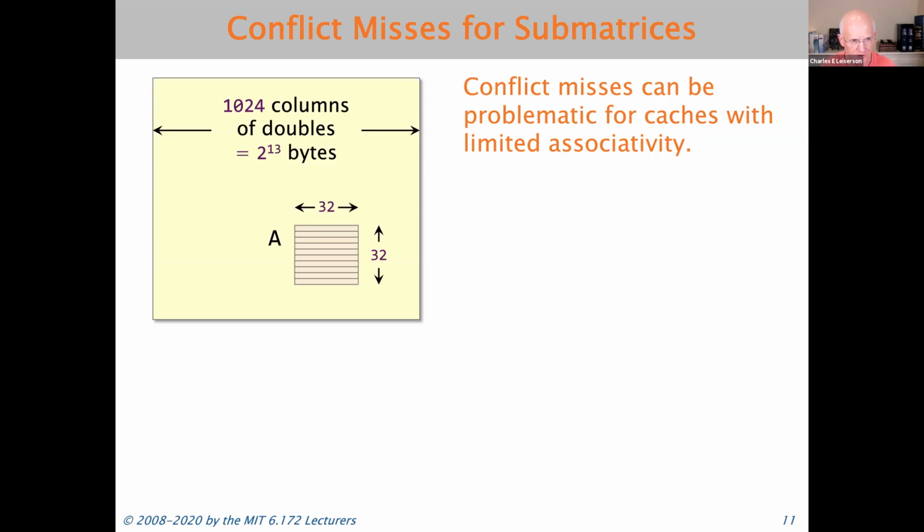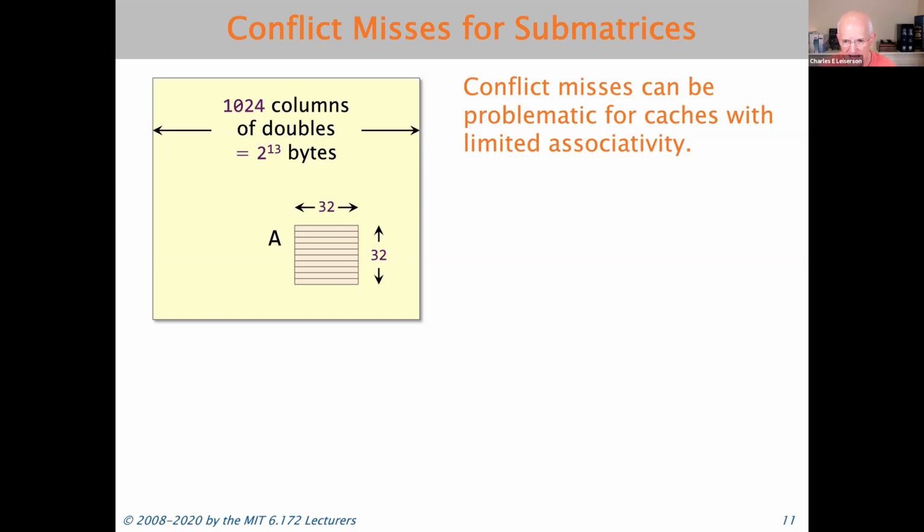Okay, back to submatrices. We've seen submatrices of a matrix. That's a very common paradigm, especially for scientific computing and numerical linear algebra. Here we have an underlying matrix of 1,024 columns by some number of rows. It doesn't really matter much how many rows there are, of doubles, so 8 bytes.